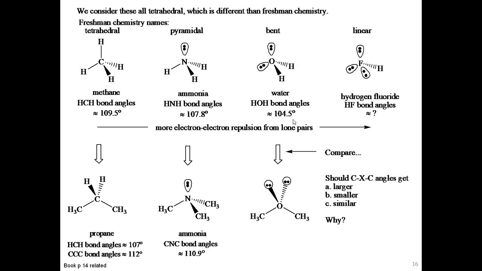And over on the oxygen, where we had 104.5, if we put methyls there, so we have dimethyl ether, we expect those to push out a little bit. And they do. So now it's 110, whereas it was 104 up here. All right. So the C-X-C angles, all those angles got bigger. Okay, and that's because these are larger groups that repel each other.